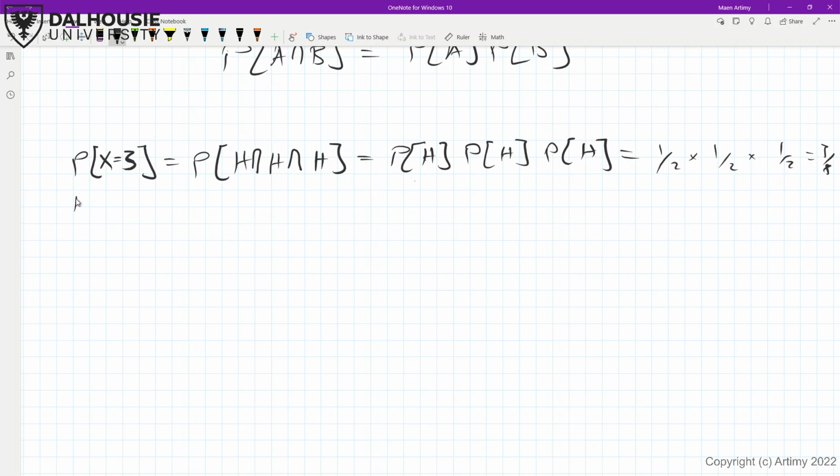How about x equal 2? This means that I can have head first, and then head second, and then tail. Is that it?